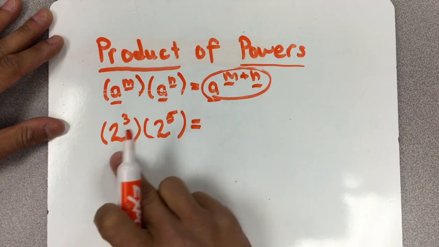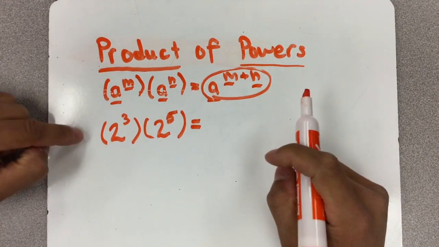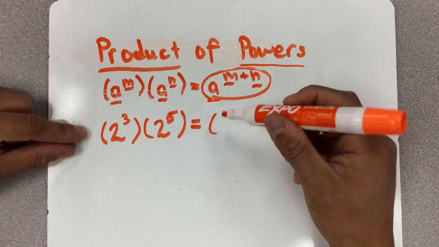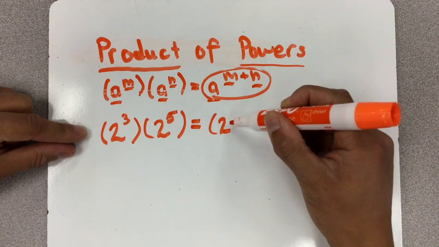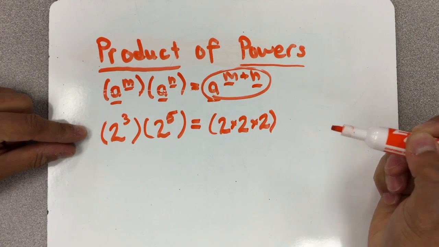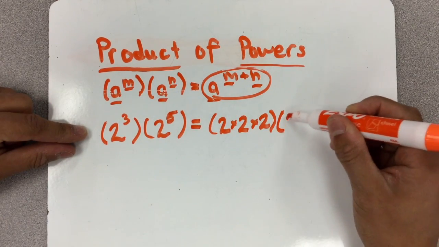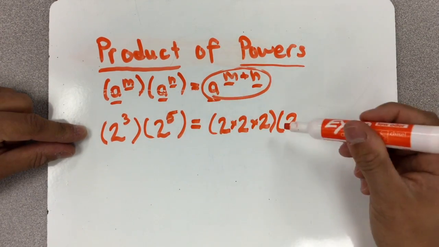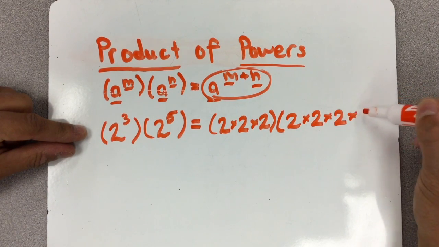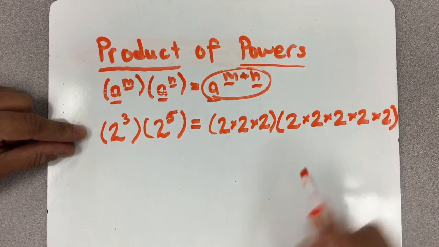I can use repeated multiplication in order to show what is happening here. So if I have 2 cubed, this is the same thing as saying 2 times 2 times 2. And if I multiply that by 2 to the power of 5, then I'm multiplying that by 2 times 2 times 2 times 2 times 2.